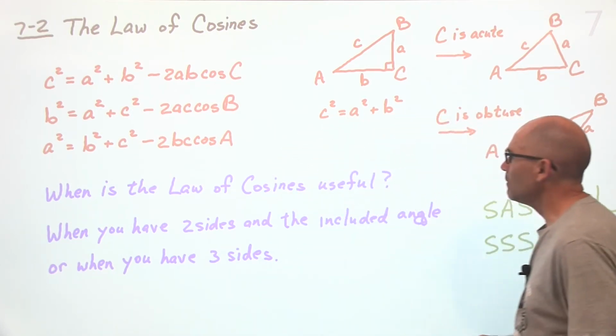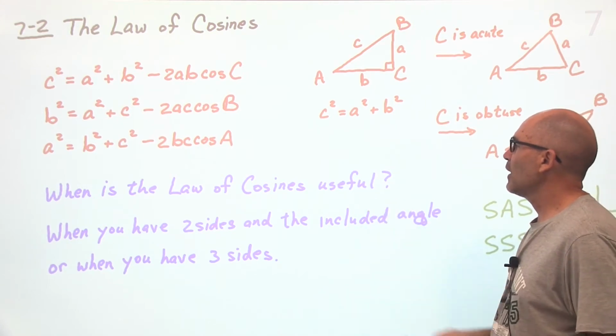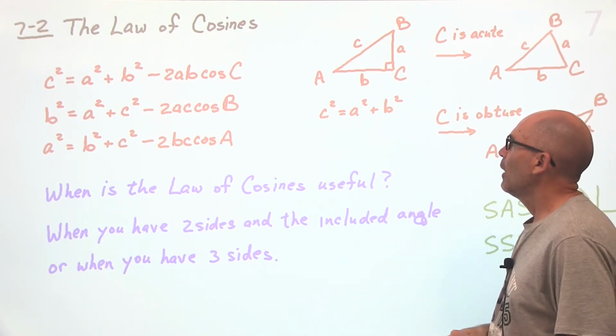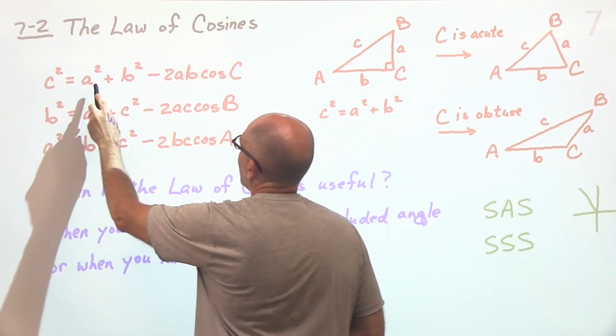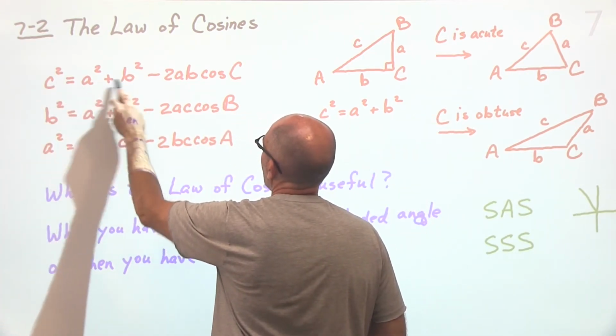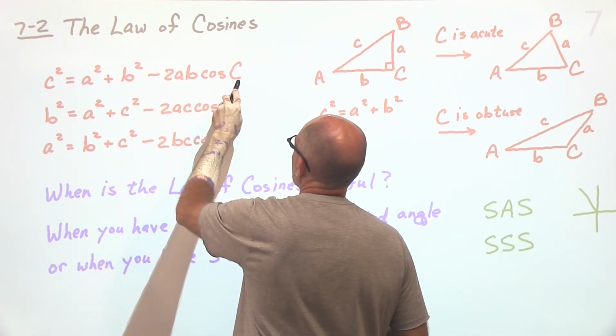Okay, so when is the law of cosines useful? Well, notice, what do I need? Well, I can get a side if I have the two other sides and the angle in between.